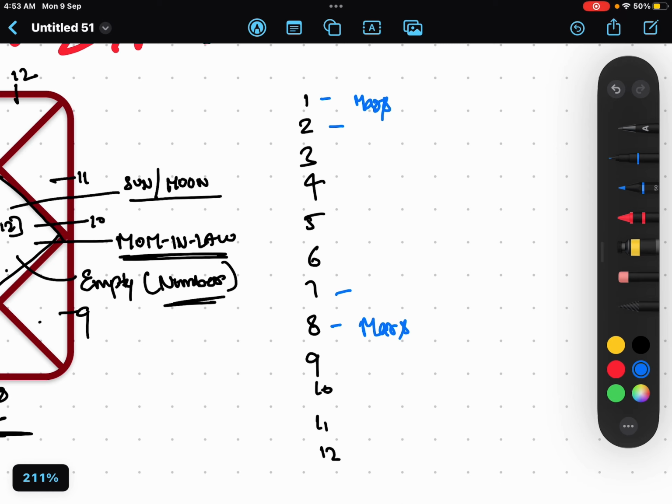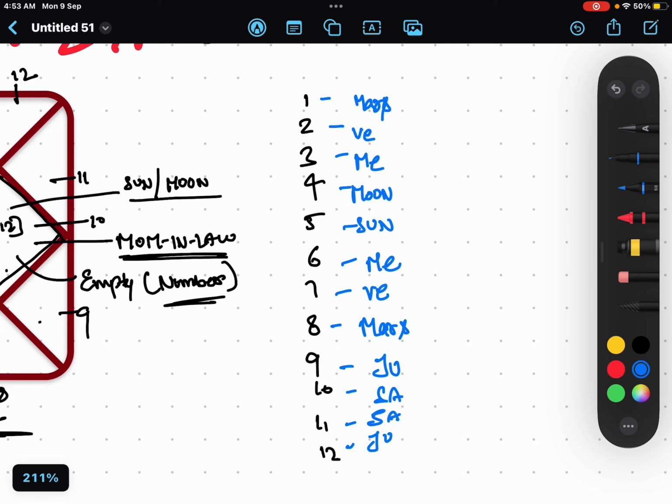For 2 and 7, that is Venus. For 3 and 6, that is Mercury. For 4, that is Moon. For 5, that is Sun. For 9 and 12, that is Jupiter. For 10 and 11, that is Saturn. So these are the planets for the numbers.